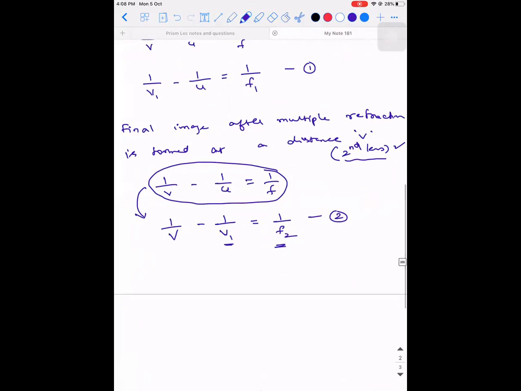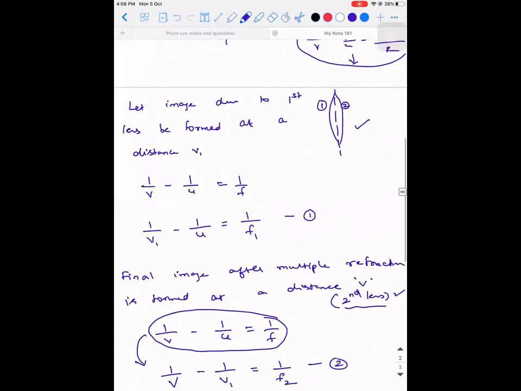Now add both. First equation plus second equation will be 1 by V minus 1 by u is equal to 1 by f1 plus 1 by f2.